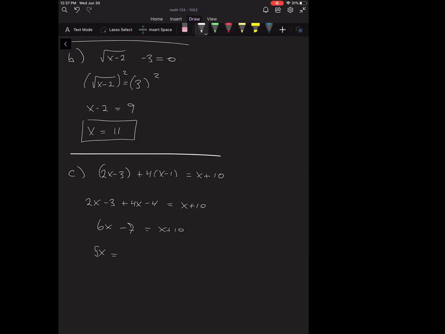And then if we add that 7 over to the right, we'll have a 17. Then we divide by the 5, where x is equal to 17 over 5. Okay, so that's problem 1.